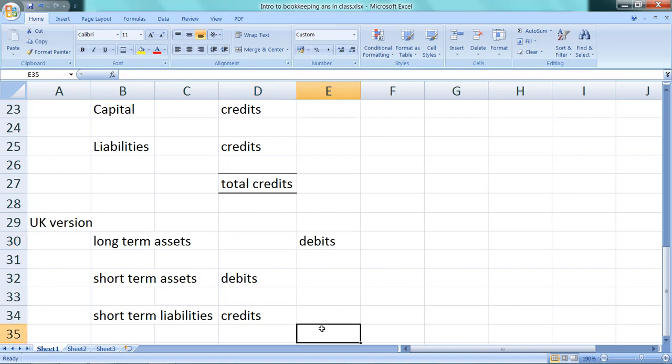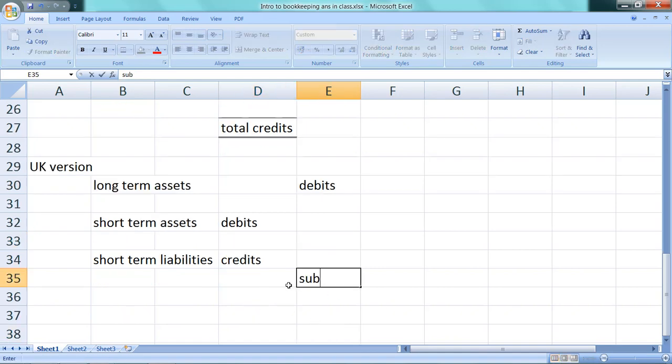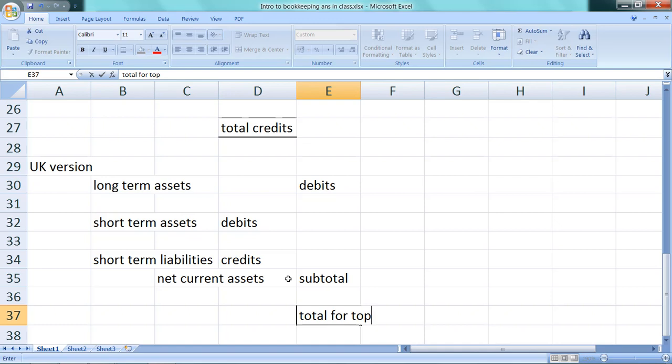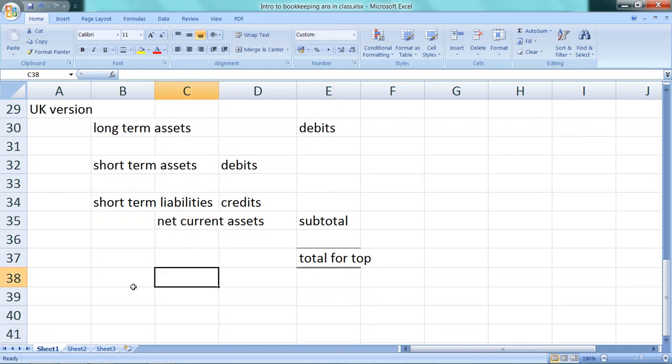Put that across there. So we now have a subtotal here, which is net current assets. Current means short term. What we then do is we have an overall total for the top part of my statement of financial position or my balance sheet.